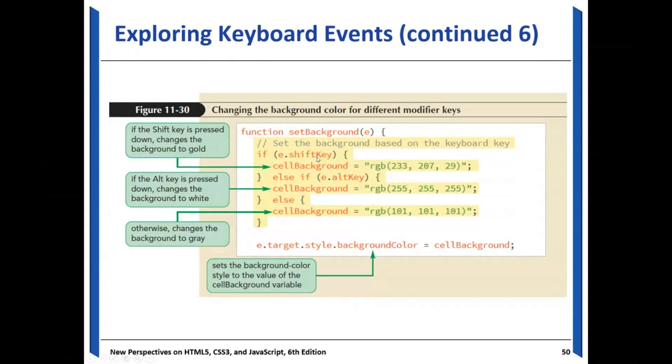So we're checking first if the Shift key is down. If not, we check the Alt key. If the Alt key was pressed down, we're changing the background to white. Otherwise, we're changing the background to gray. So if the function is run and the Shift or the Alt key was not used, we're going to have a gray background.